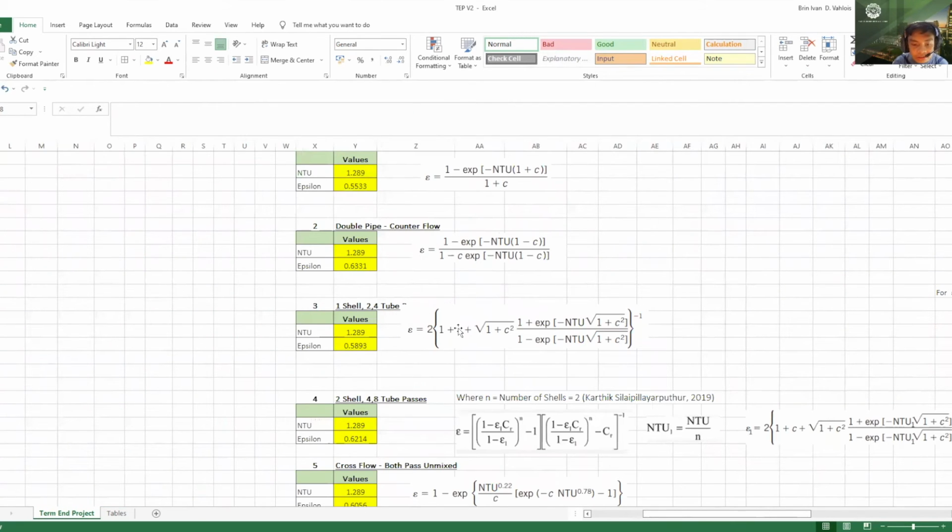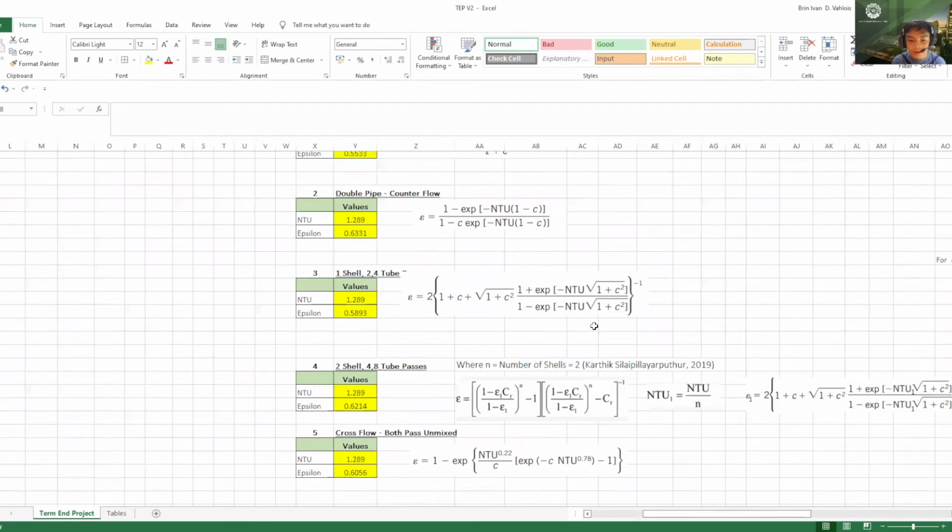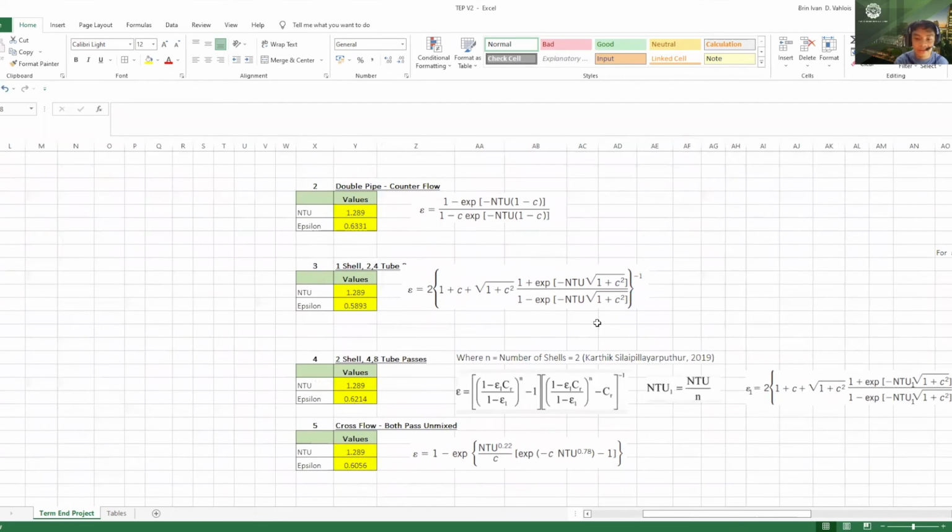For one shell tube, same values. However, this is one key thing to note. For two shells and 8 tube passes, it is actually not in the book from Cengel. That's why we found the formula from Kartik 2019. So first, epsilon is equal to this, the family here.